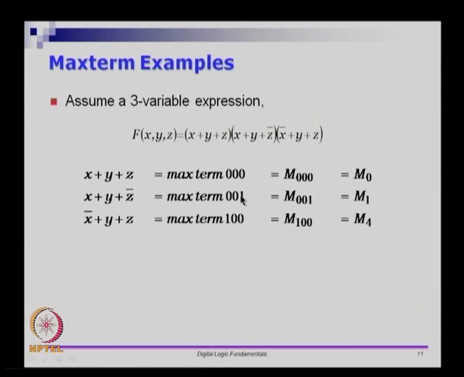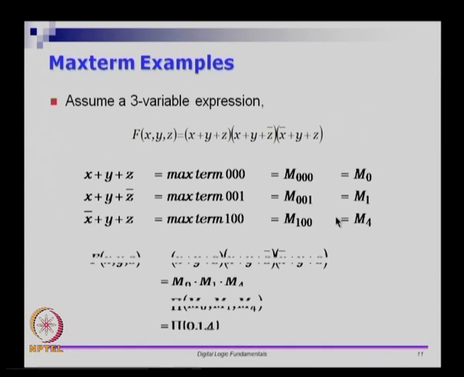So max term 001, the shortcut notation we will use is capital M subscript 001, which is the same as capital M integer 1. So this expression, x plus y plus z into x plus y plus z bar into x bar plus y plus z, is the product of M0, M1 and M4.